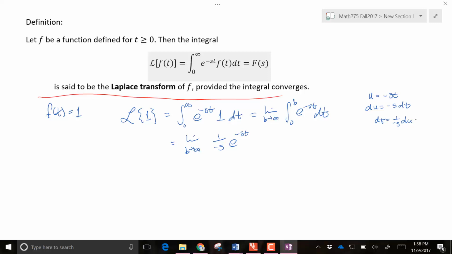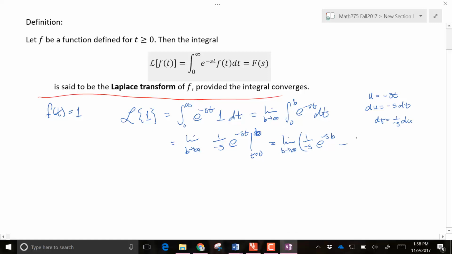Okay. So we're going to evaluate this as t goes from 0 to b, and then take the limit. It looks like we put b in first. The limit as b goes off to infinity of 1 over negative s times e to the minus sb, and then minus, we put 0 in there.